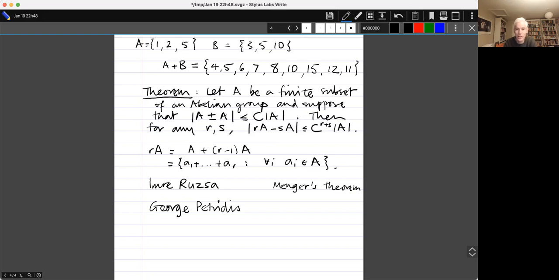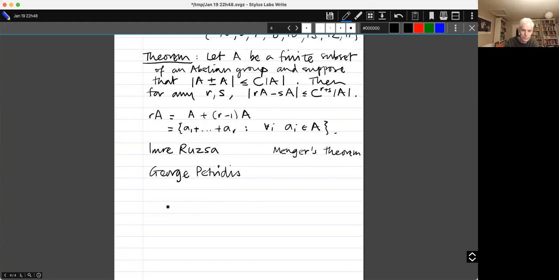So I first read it basically trying to see where the mistake was, and then it turned out there wasn't a mistake. And that was actually very good news, because it meant that from that moment on, when people want to lecture Plünnecke's theorem, it's rather a pleasure to do so, and doesn't require anything like as much effort to memorize.